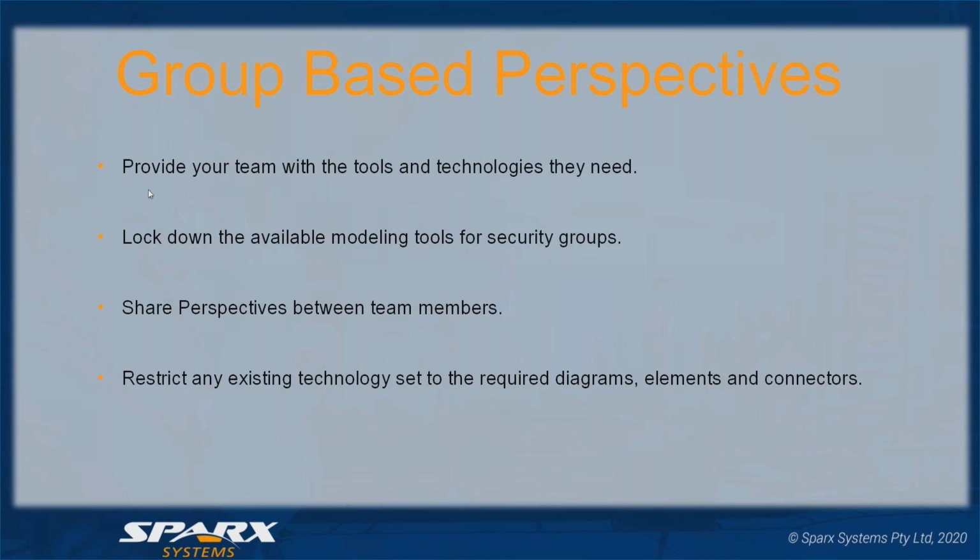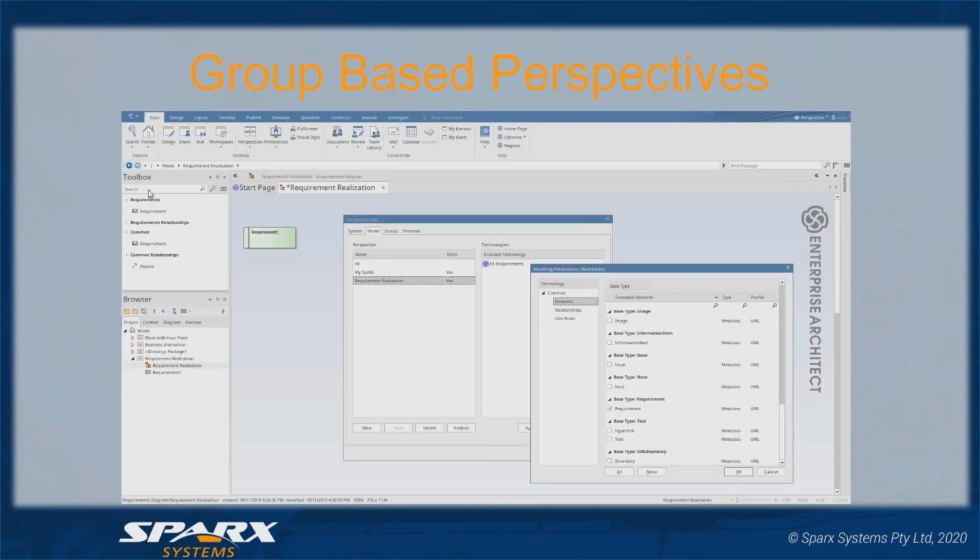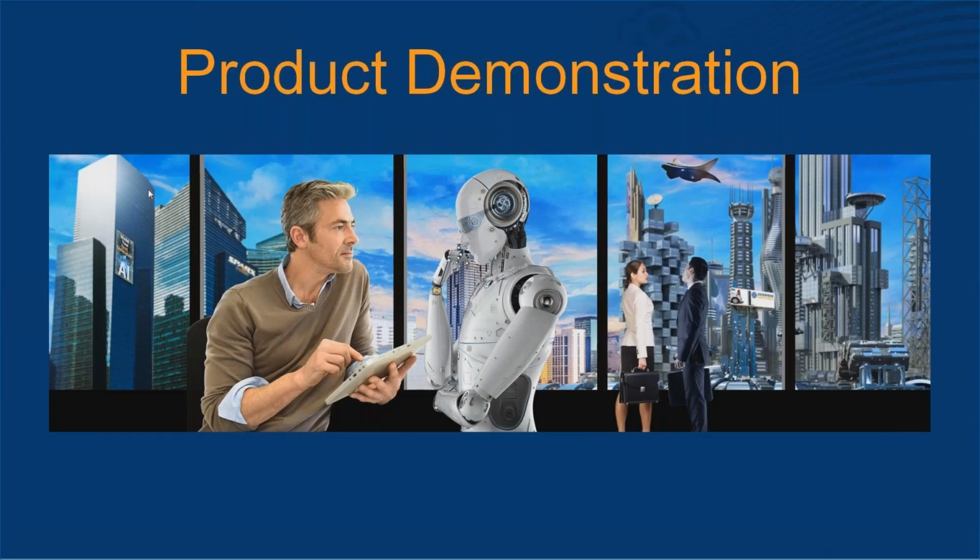So in other words, you can provide the tools and technologies that the BAs need, and when they log in based on their security credentials, that will impact what Enterprise Architect looks like. So once again, you have some tools and technologies, and you can specify what elements are available, what relationships, what link rules, and it allows you to change the way Enterprise Architect looks and feels.